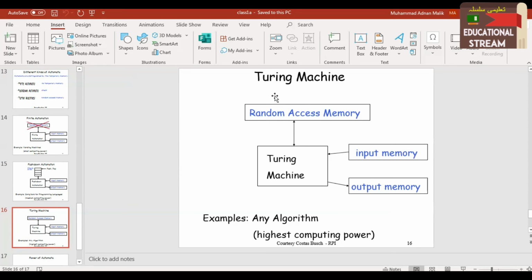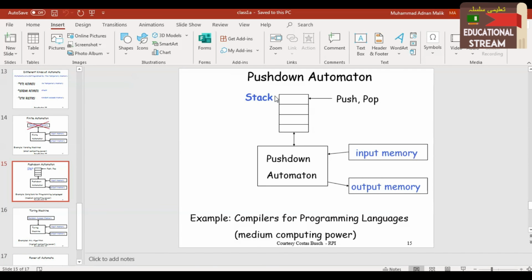Third one is the Turing machine. You have RAM, so you can get data and you can send instructions for more data. So there is two-way communication, but in the pushdown automata you will have either a push operation or a pop operation.